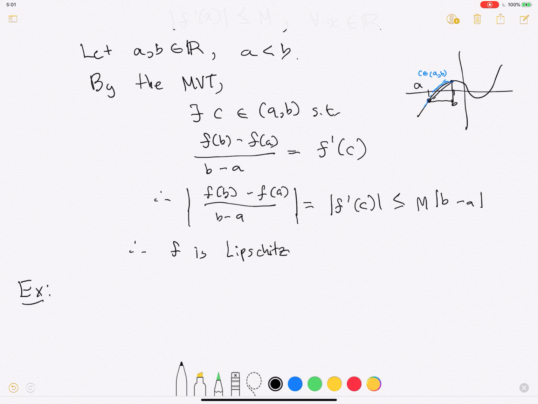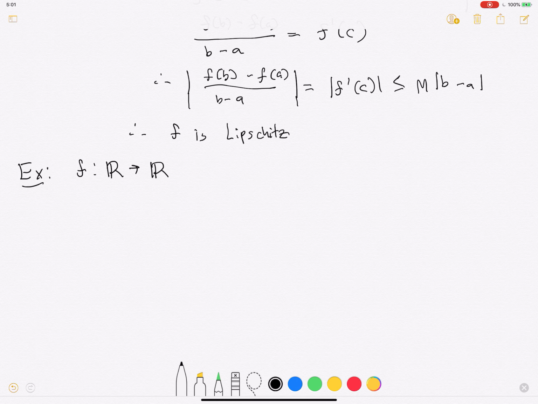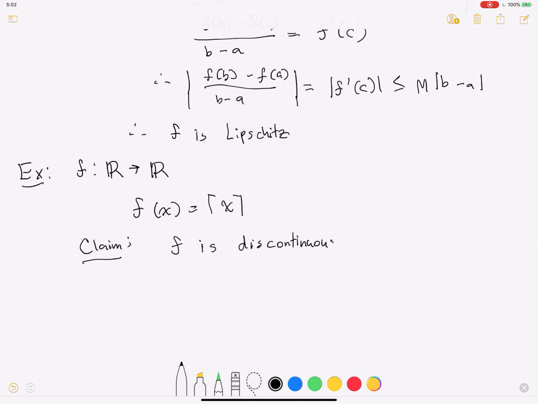As another example, f from the real numbers to the real numbers, f(x) equals ceiling of x. We claim that f is discontinuous at every integer n.